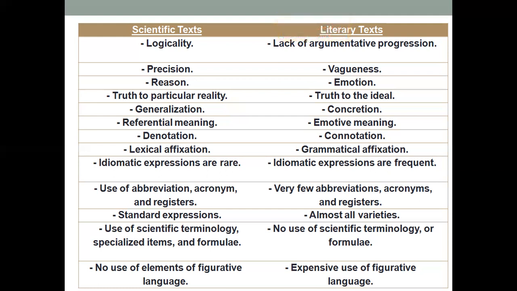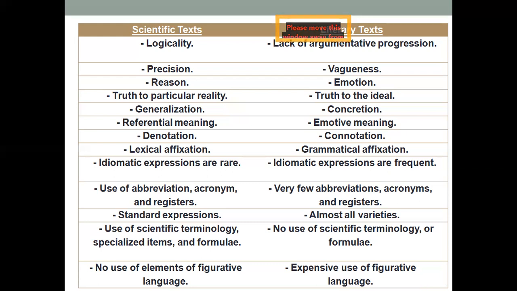So in literary text we deal with two levels of meaning, the apparent meaning and the implied meaning, while in scientific text we are dealing only with one level of meaning, which is the apparent, denotative or referential meaning.